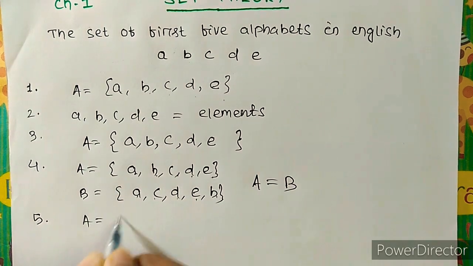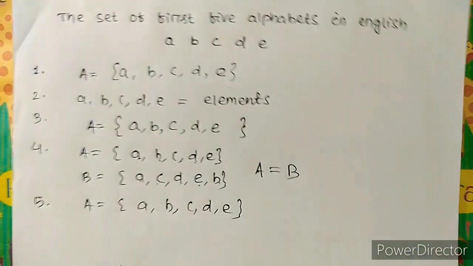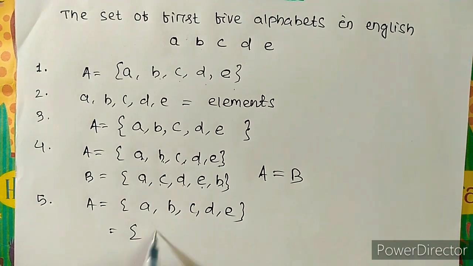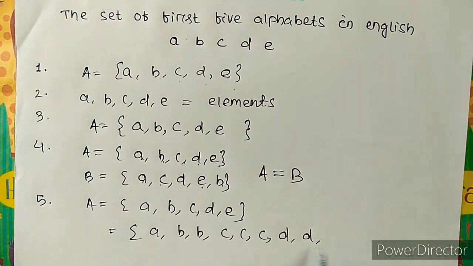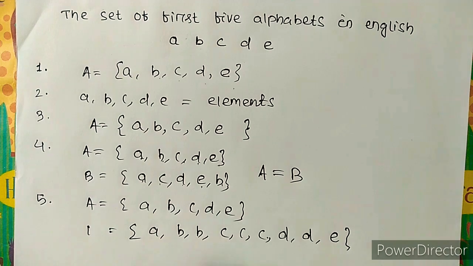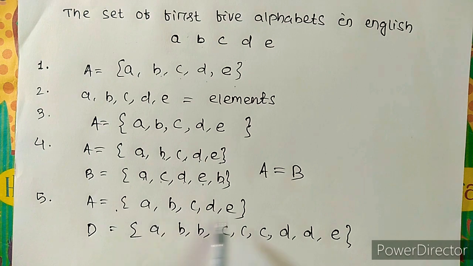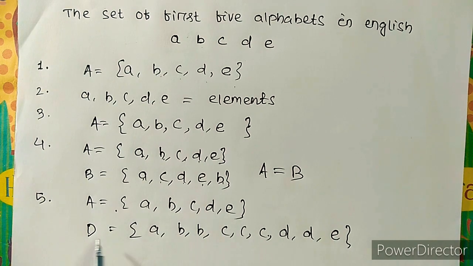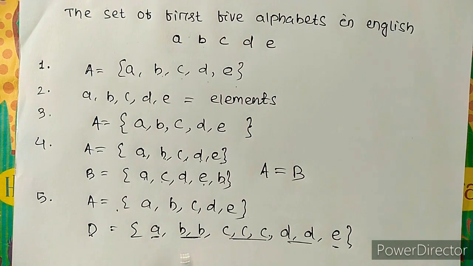Here A equals A, B, C, D, E. But if we write A, B, B, C, C, C, D, D, E and call that set D, then in set A there are 5 elements A, B, C, D, E, and in set D there are the same elements.